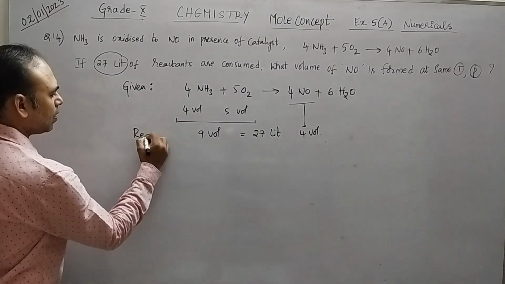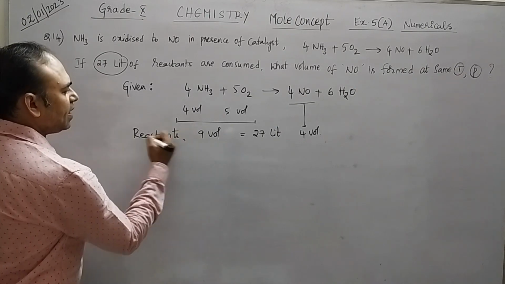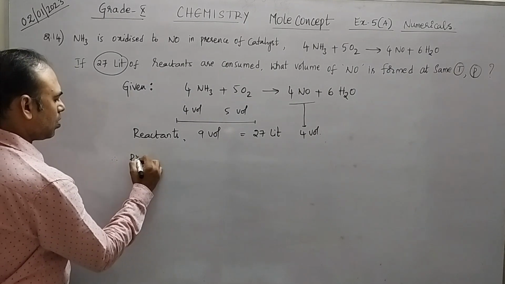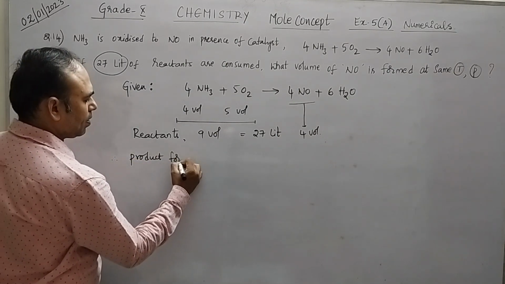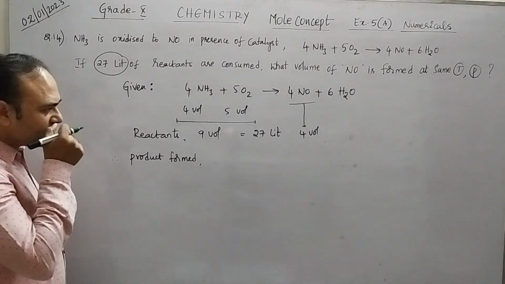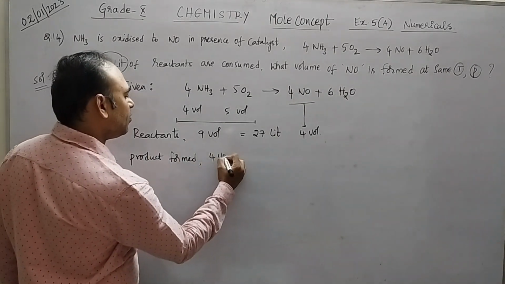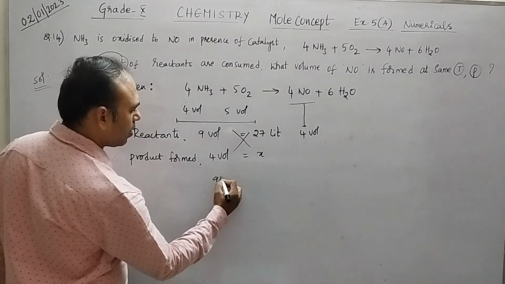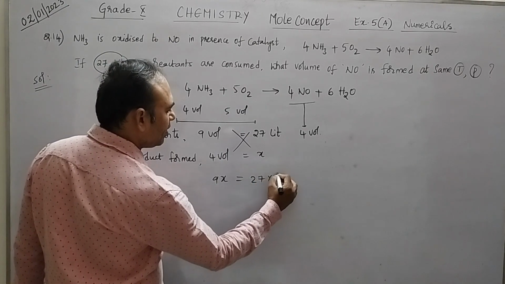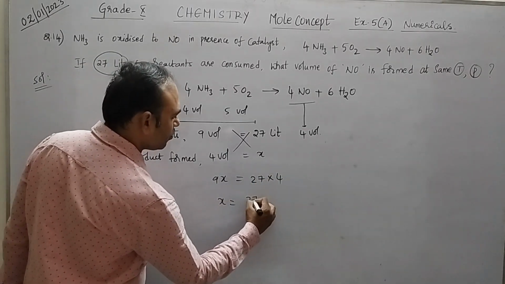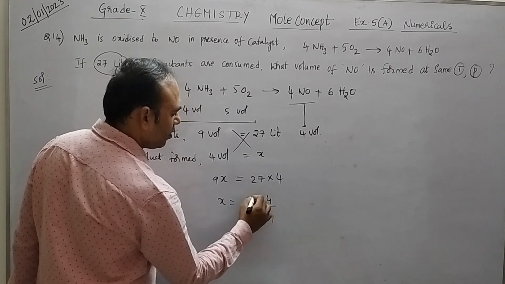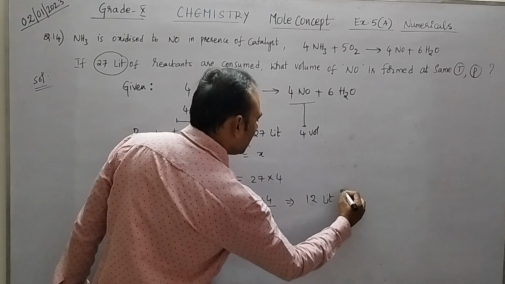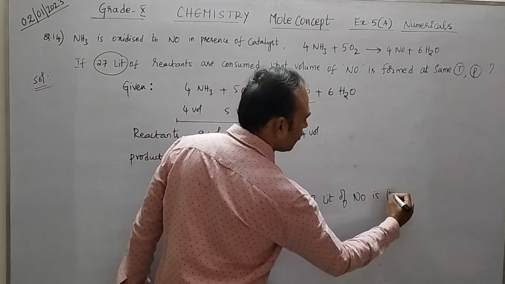If you take the reactants of 9 volumes, which is 27 liters, then the product formed, I am writing in small steps, you can expand this, is 4 volumes, let us take it as X. Now cross multiply, what do you get? 9x is equal to 27 into 4, therefore x is equal to 27 into 4 by 9. So 9 ones and 9 threes. What you get is 4 into 3. So we have 12 liters of NO formed.